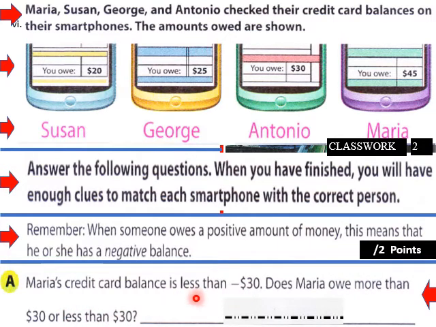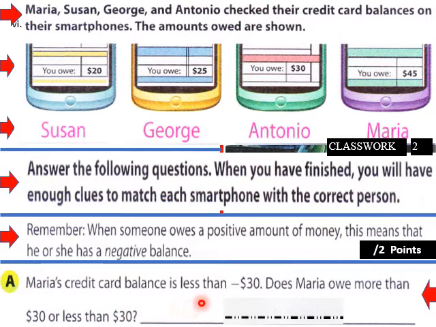So if she has a credit card balance, and these are their credit card balances here, you owe, you owe, you owe, and you owe. Maria's credit card balance is less than $30. It's actually $45. Does Maria owe more than $30 or less than $30?